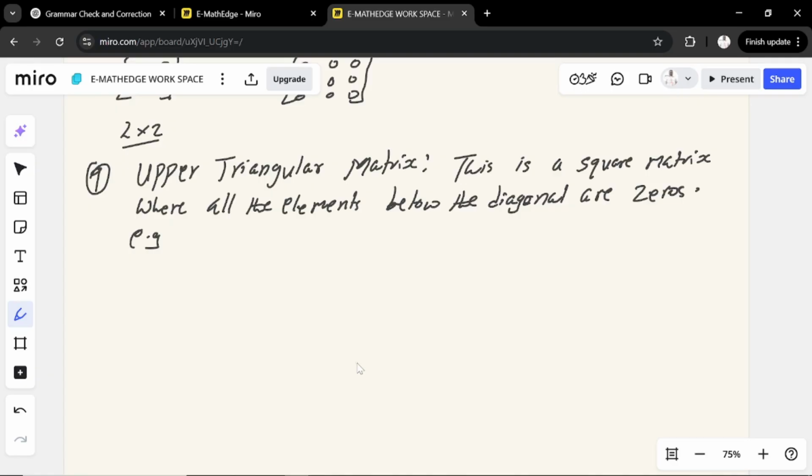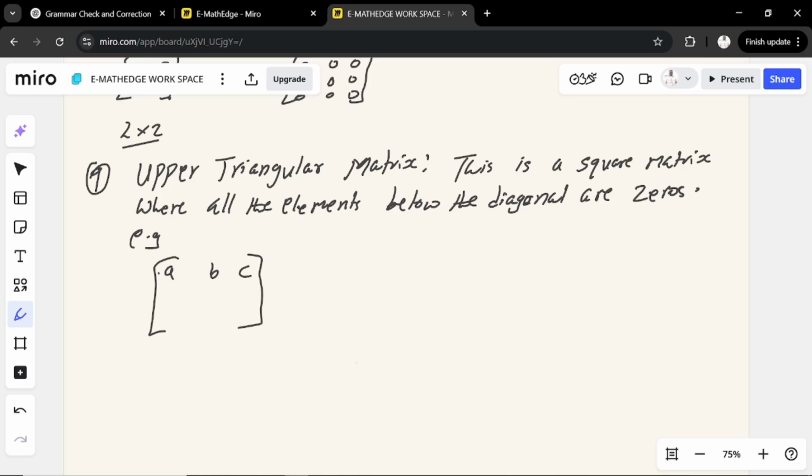First thing you need to note is it must be a square matrix, either a 2 by 2 matrix or a 3 by 3 matrix or any form of square matrix. And the second thing you need to also note is that the elements below the diagonal must be zeros. So let's bring it out. Let's say we have A, B, C, right?